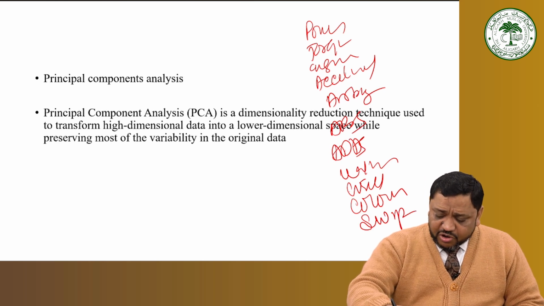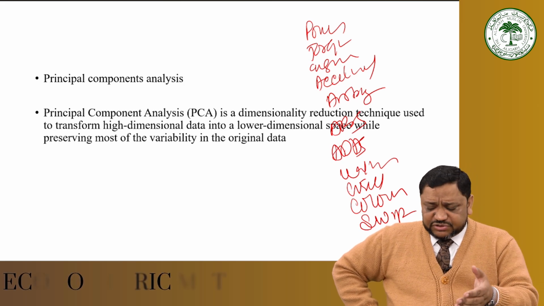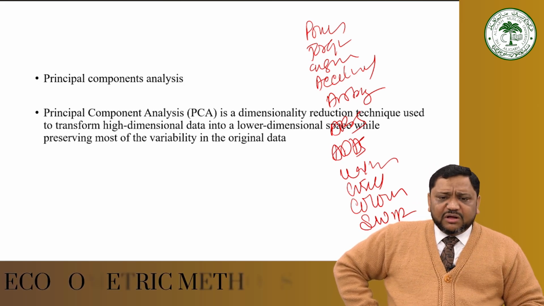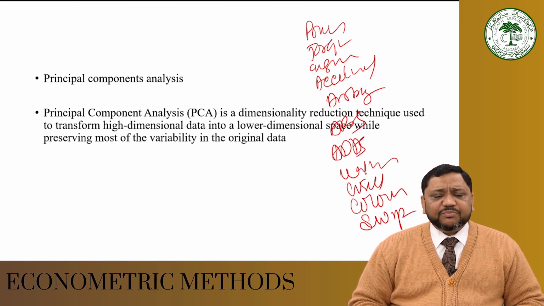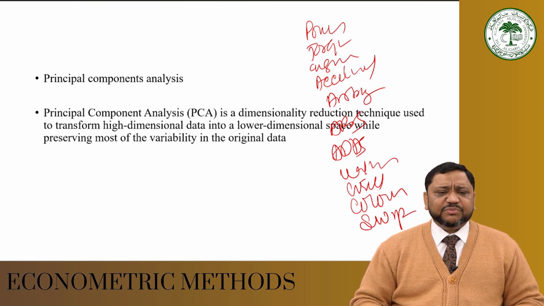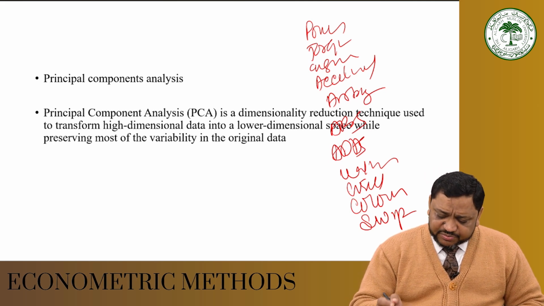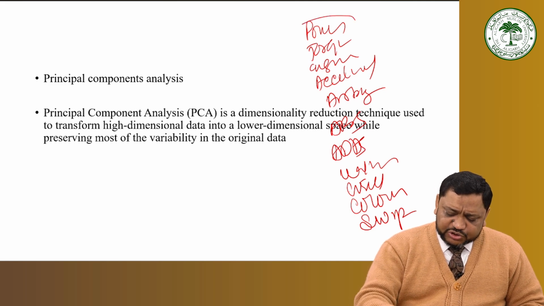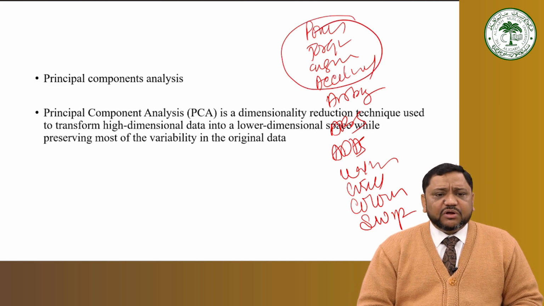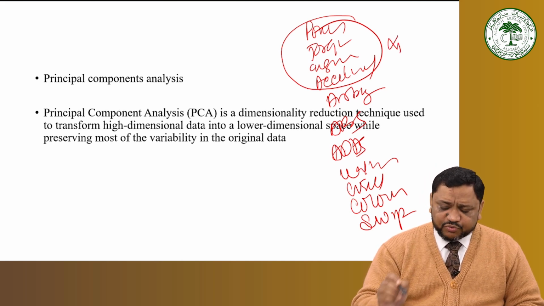Now if you are studying all these, and there can be many more, I have just cited a few of them, and if you study all of them together, so many variables, there is a high chance of getting a collinear relationship between any two of the variables. So what this method does, in basic terms, is try to convert power, torque, engine, acceleration, because they are related to the power of the vehicle, into one variable, say x1.